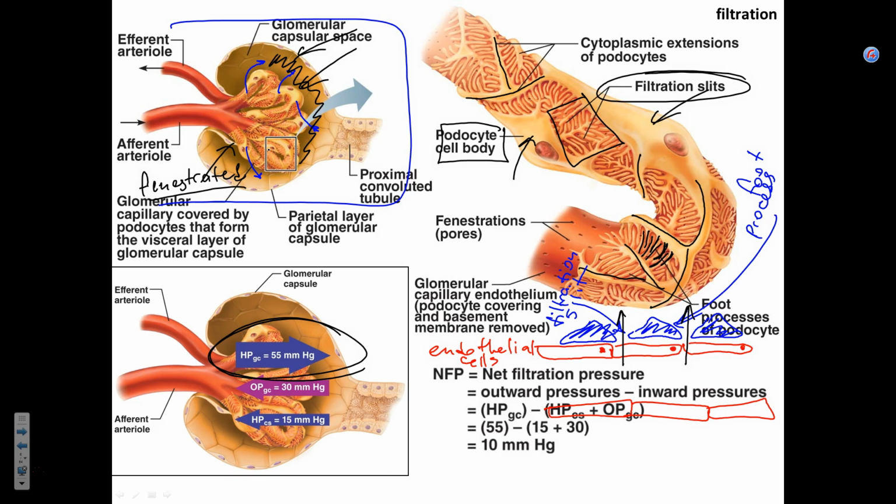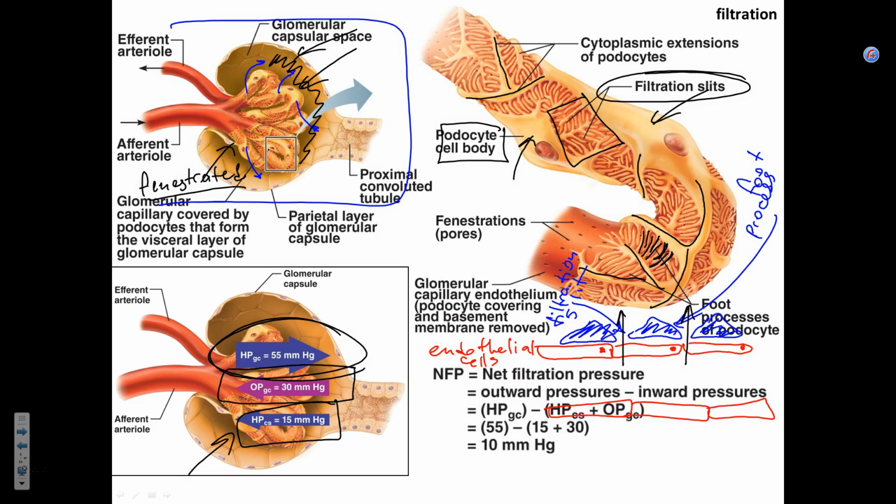Now there is a hydrostatic pressure from the filtrate side, 15 millimeters. Can you see that? And then there is osmotic pressure, the capillary osmotic pressure. As you remember, hydrostatic capillary pressure pushes the fluid out of the capillary. Remember that? Sounds familiar? Osmotic capillary pressure, what does it do to the fluid?